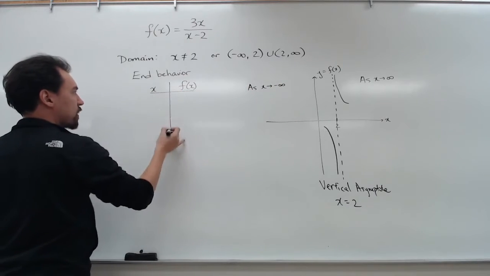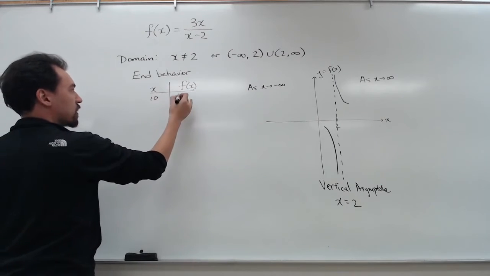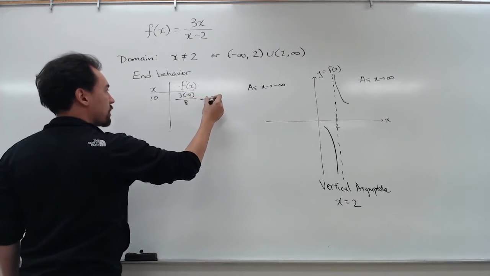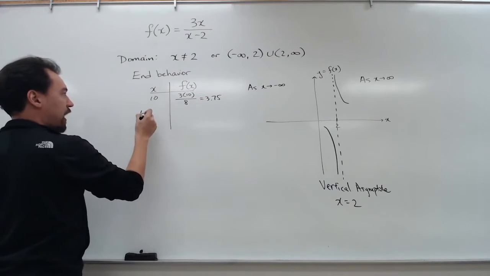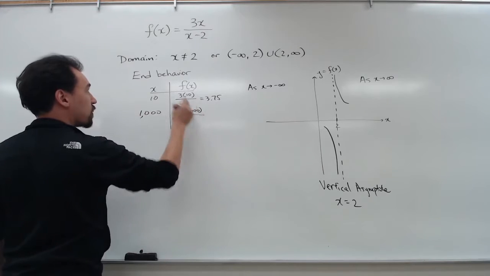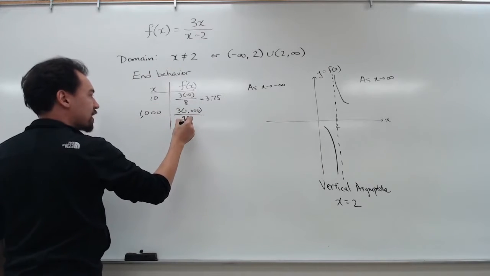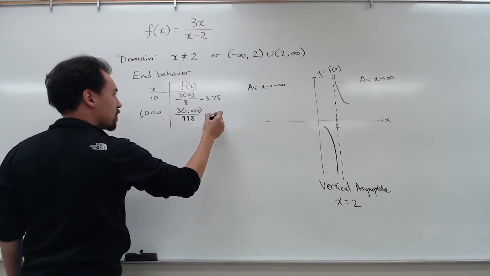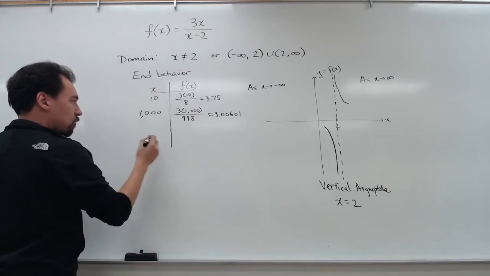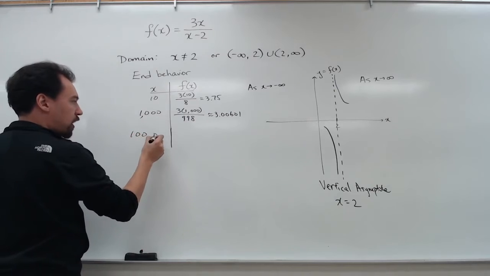And we'll start with x is 10. So that's going to be 3 times 10 over 10 minus 2, which is 3.75. And then we'll make x bigger. 3 times 1,000 over 1,000 minus 2 is 998, and this is 3.0601. And we'll consider even bigger, 100,000.